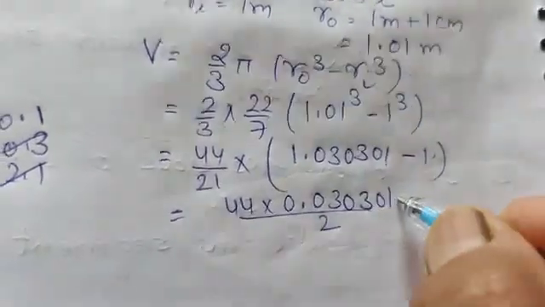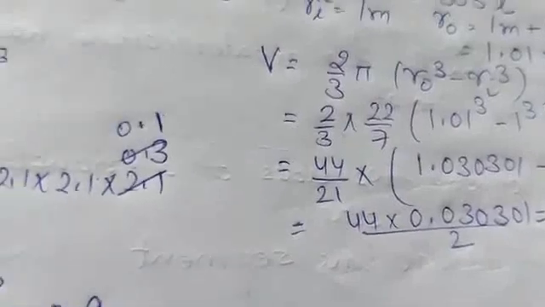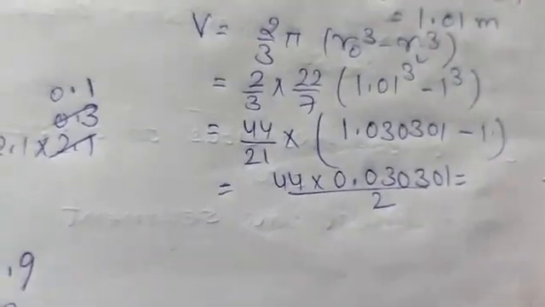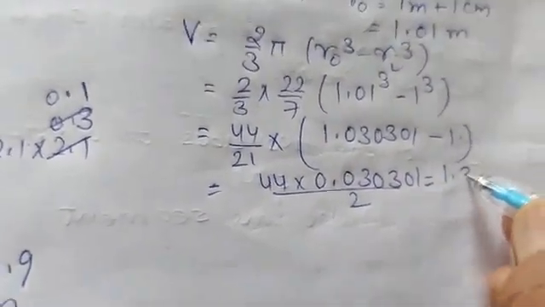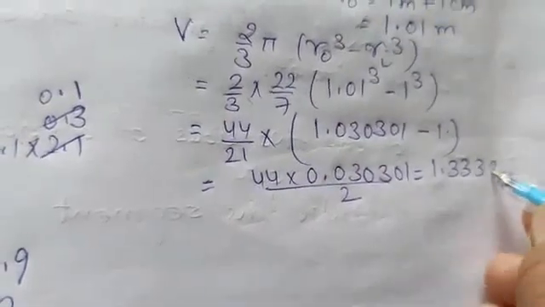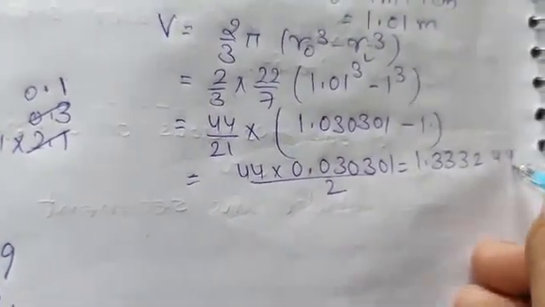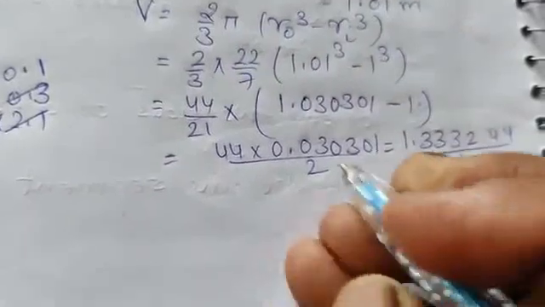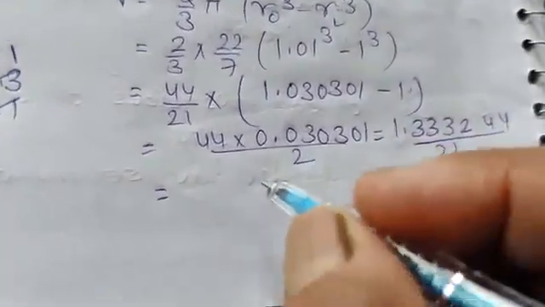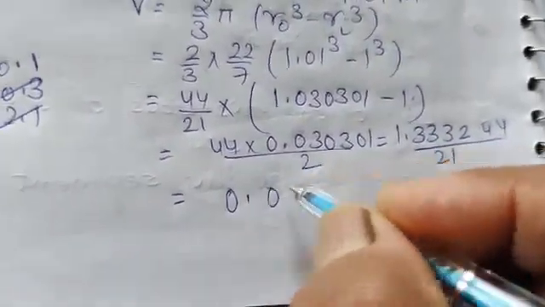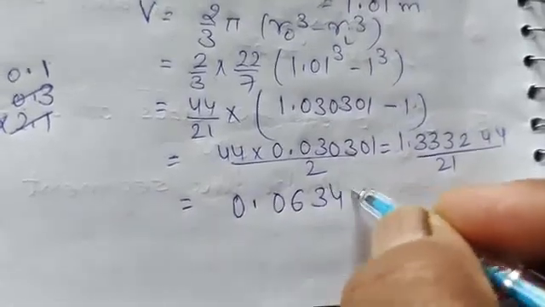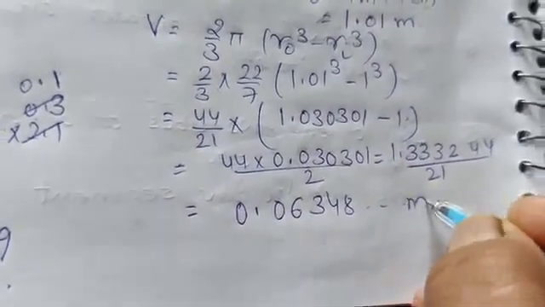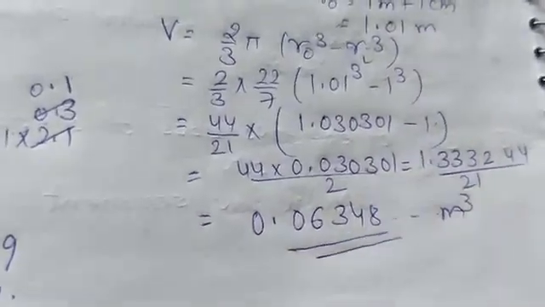Now multiplied by 44, you will get 1.333244 by 21. Now divided by 21, you will get 0.06348 meter cube. This is the answer.